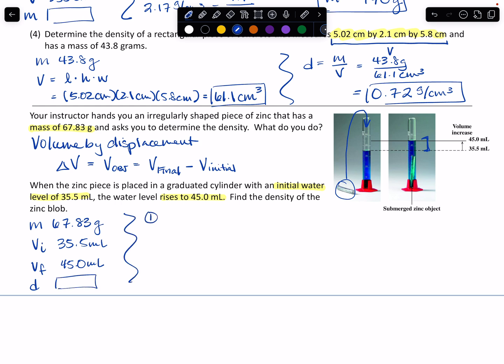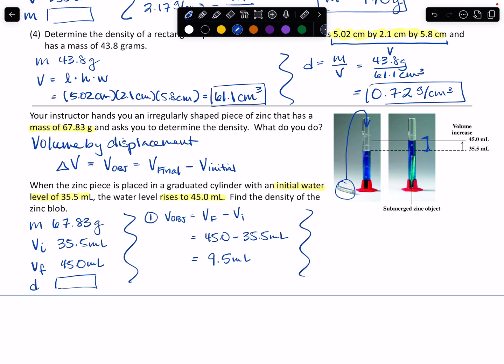Well, the first thing we have to do is calculate the volume of our object, which is going to be equal to the final reading minus the initial reading. So 45.0 minus 35.5 gives us a volume for the object of 9.5 milliliters.